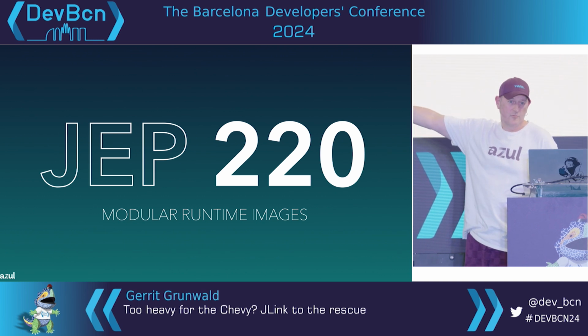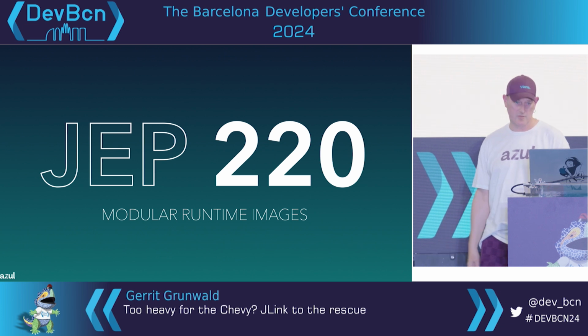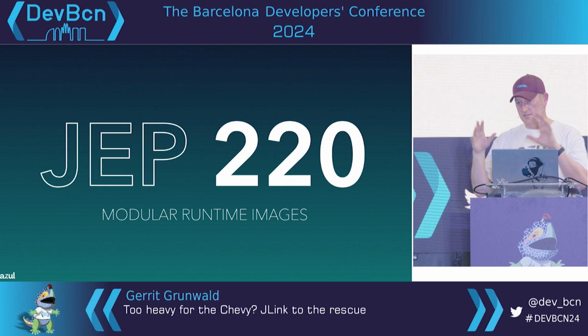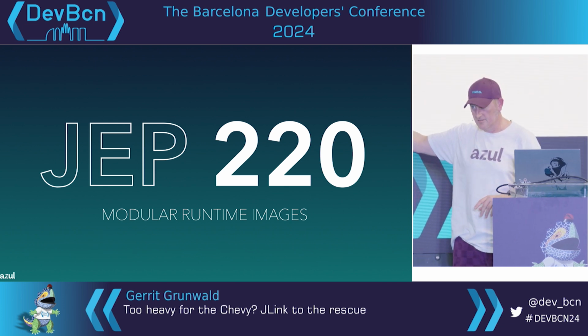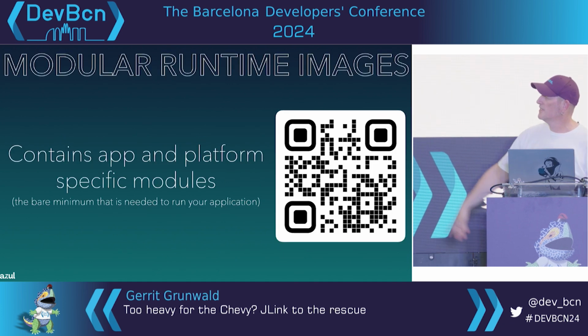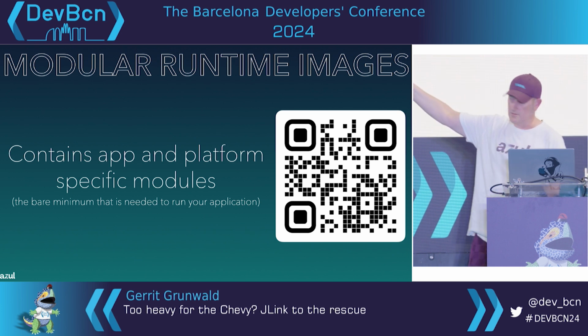Did someone ever hear about this JEP? Yeah? Modular runtime images. And we have this since JDK 9. And just as a reminder, we are heading to JDK 23. So it's not really new, right? This is available for a long time. And it contains app and platform-specific modules, right?